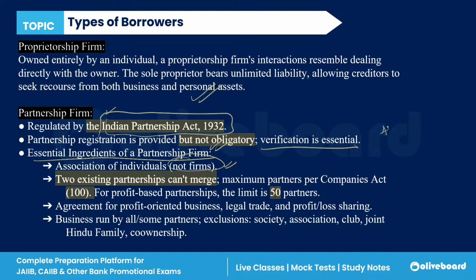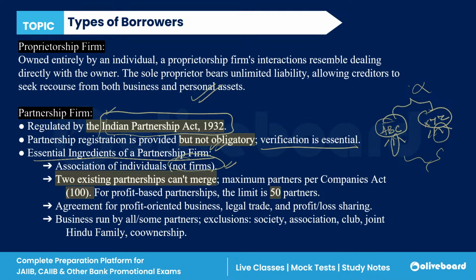For example, if there is ABC partnership and XYZ partnership, one has three partners and the other has four partners, can these two partnerships form another partnership? No, but yes, the members of any of these partnerships can form a different partnership, that is allowed, but these two partnerships can't merge and form a new partnership.